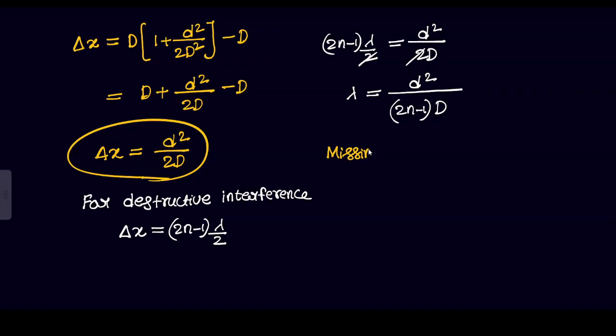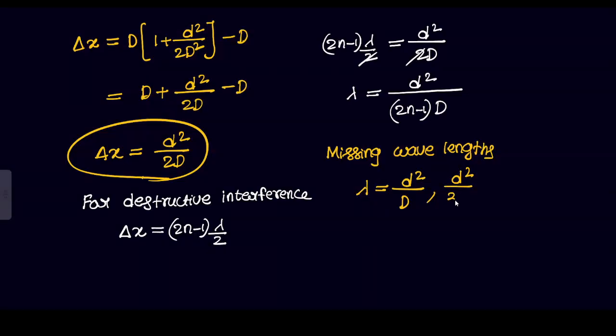For n value 1, lambda is d square by capital D. For n value 2, 2 minus 1 is 3, so it will be d square by 3D. Next, n value 3 gives d square by 5D.